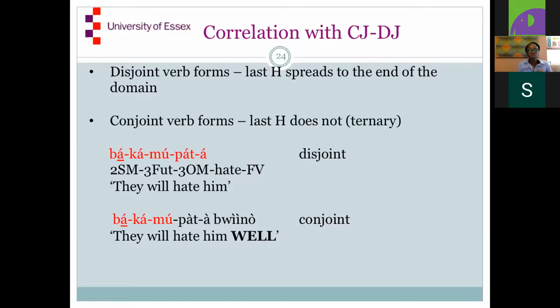But it is correlating with this idea that in the case where you would have a following focus constituent, or where you would have a question word, you would use the conjoint verb form. So it looks as if this tonal marking is being mirrored in what we are seeing in the intonation, only the intonation is not stopping partway through the verb. So in terms of the intonation, raising everything is looking more like what the disjoint form looks like.